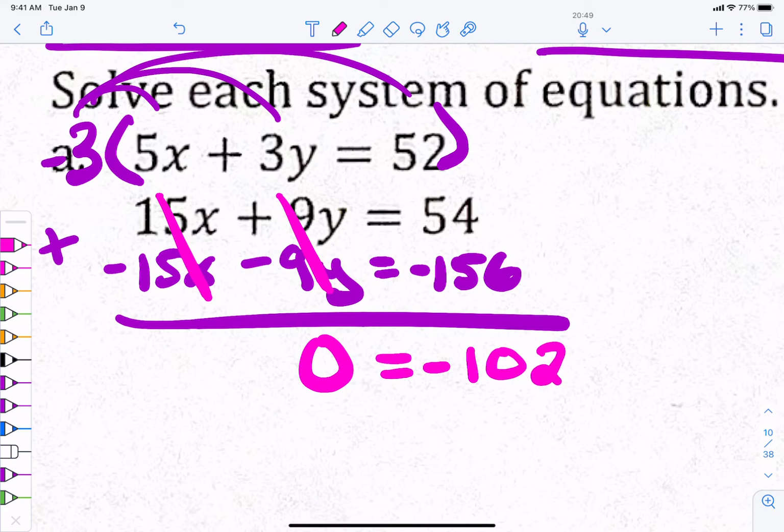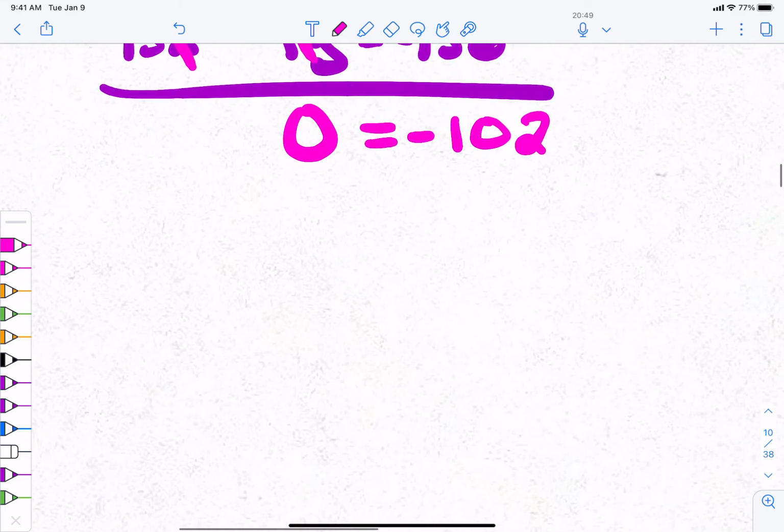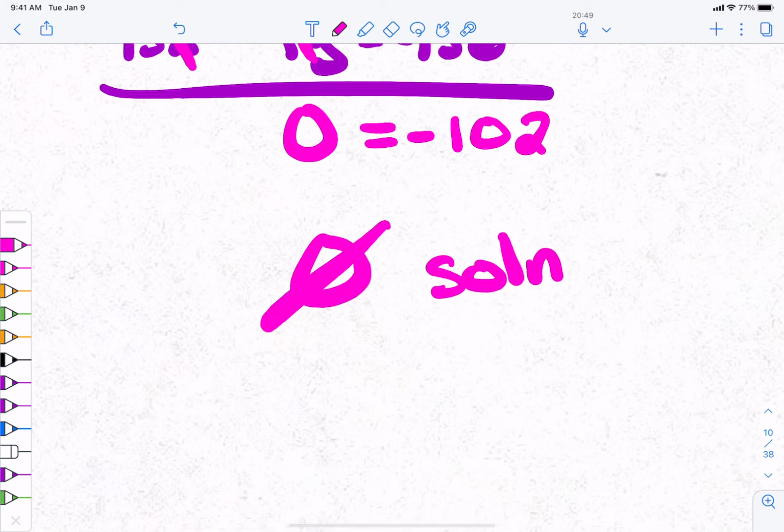So this is our stopping point because we have 0 equals negative 102. And when does 0 equal negative 102? Never. So that means no solutions. There are no solutions. Does that make sense?